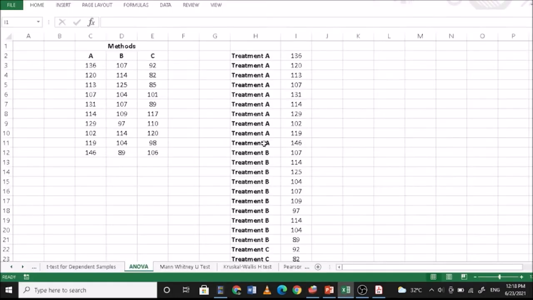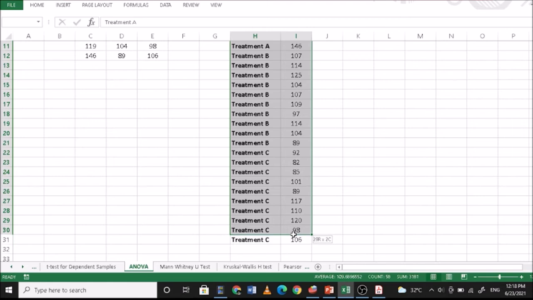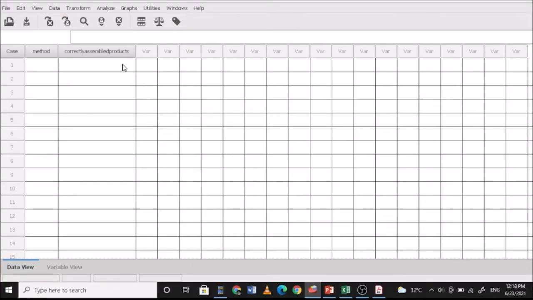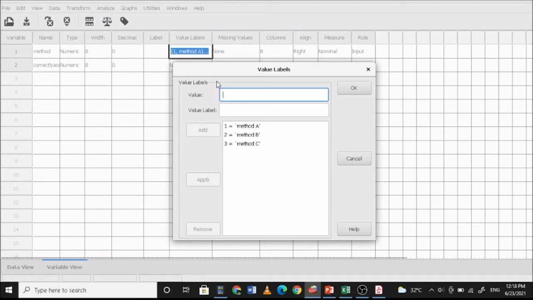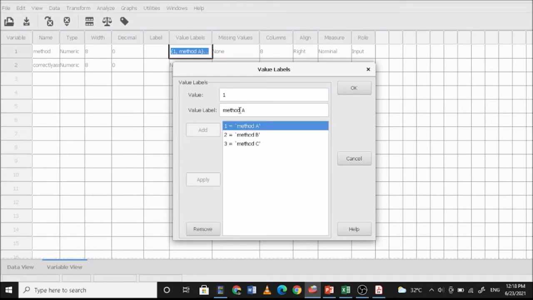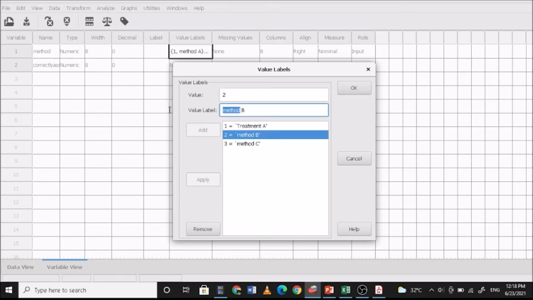Then you can simply copy this one, so treatment A, B, and C. So you use treatment. You should match your Excel file with your PSPP file.